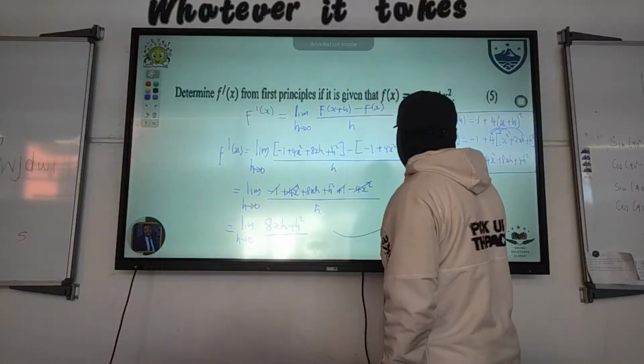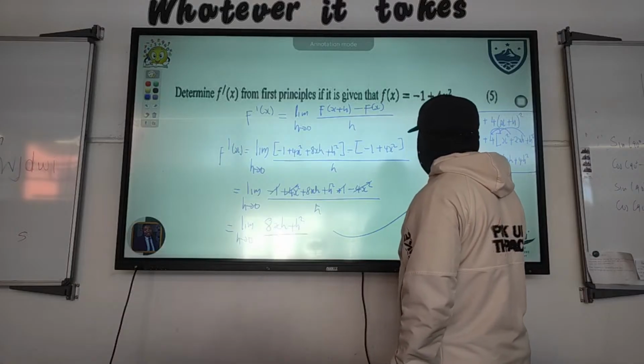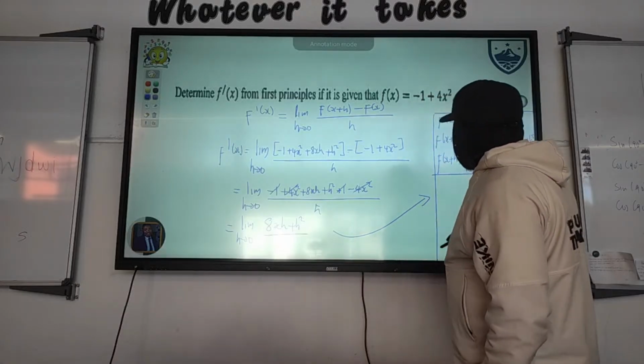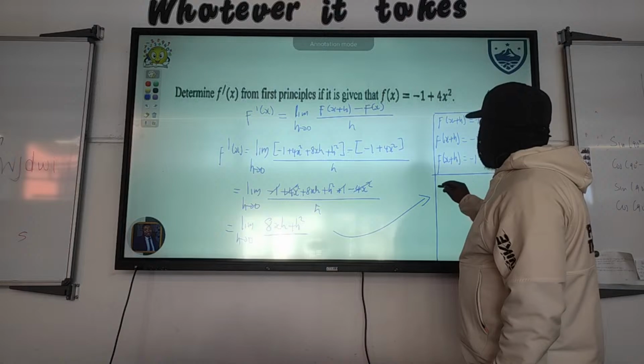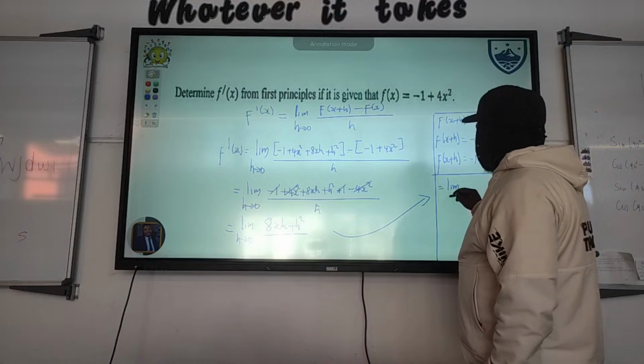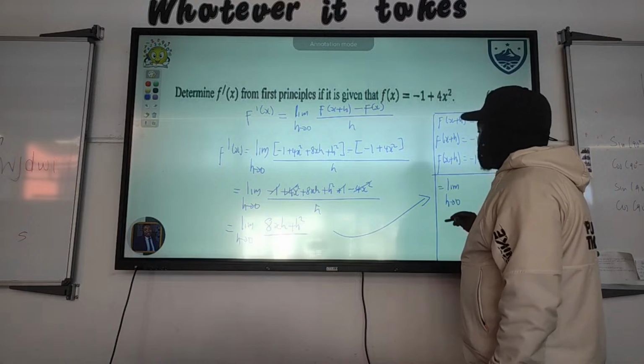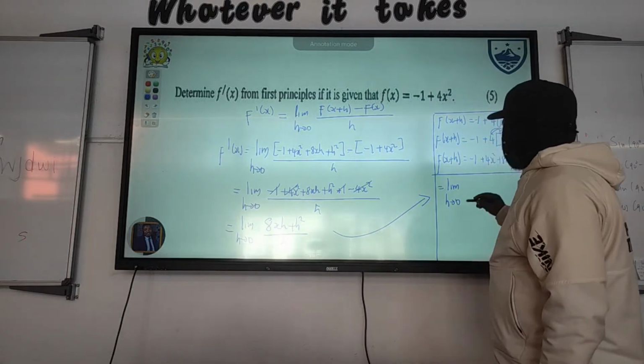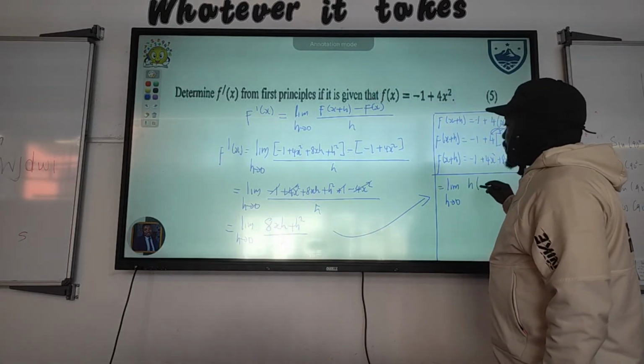And then let's move to this side. We take out the common factor. Don't get tired of writing the limit when h goes to 0. Remove h.